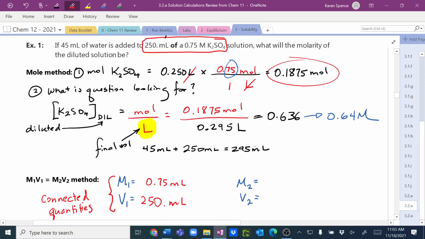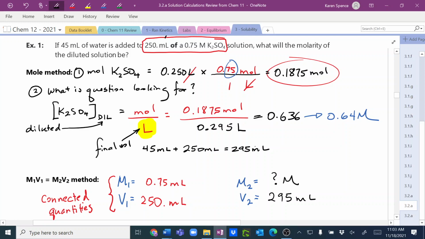M2 and V2 will also be connected, but one of them is going to be missing because we need to have one variable that is unknown. Do we know M2 or do we know V2? We know V2, and how much is V2? 295 milliliters, and M2 is we don't know how much molar.